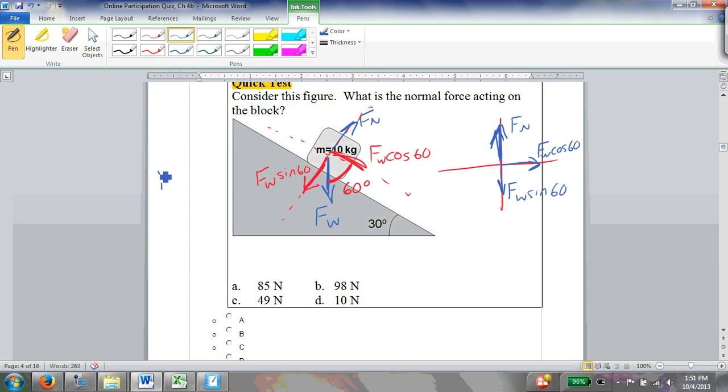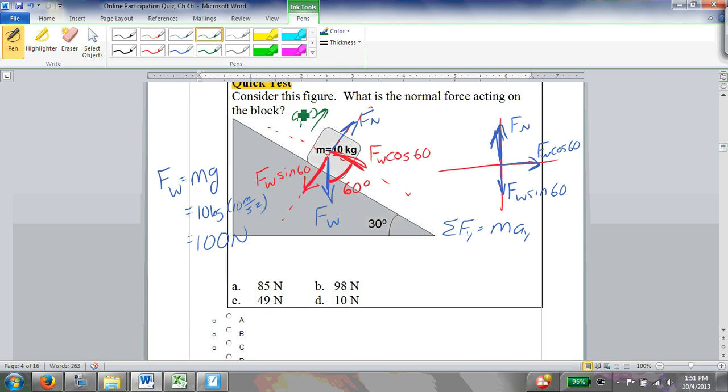Now I know what the weight is. The weight of an object is just the mass times the acceleration due to gravity. That's 10 kilograms times 10. That's 100 newtons. All right. And so if I want to find my normal force, I can say the sum of the forces in the y direction equals may. But my object is not accelerating in that direction.